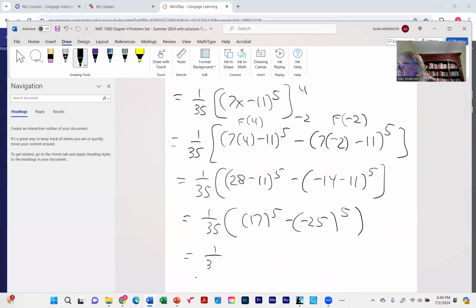Okay. And let's see what that is equal to. Actually, let me neaten this up a bit. All right. So 17 to the 5th is 1,419,857. Oh my God, it's even bigger than I thought.